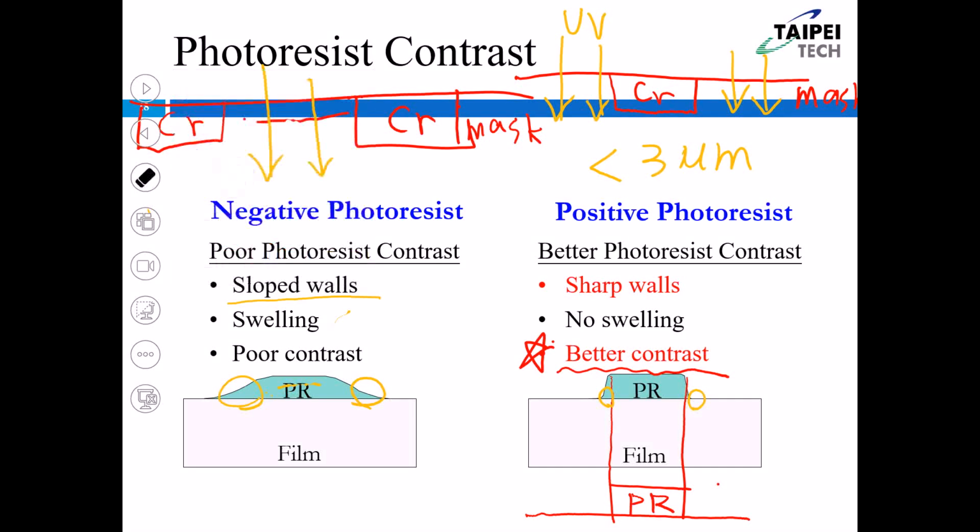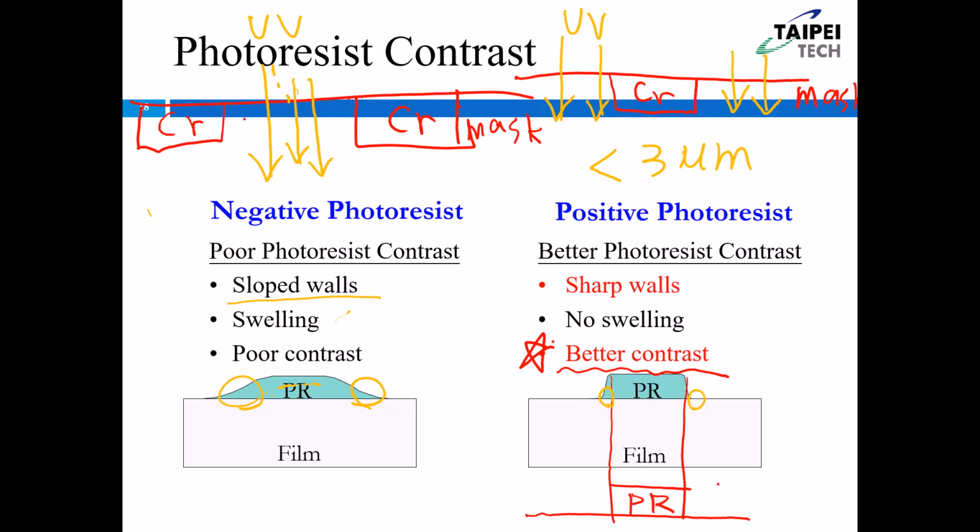The central region, we need to expose to the UV light, right? In order to make sure the central PR will become cross-link, or the central PR will become stronger. So the central PR must be exposed to the UV light, okay?